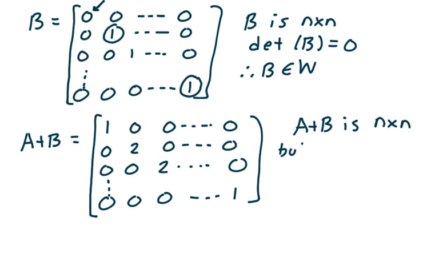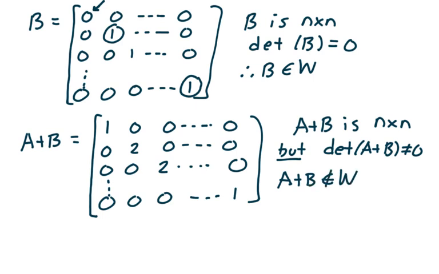But the determinant of A plus B doesn't equal 0. So A plus B does not belong to W. And so W is not closed under addition.